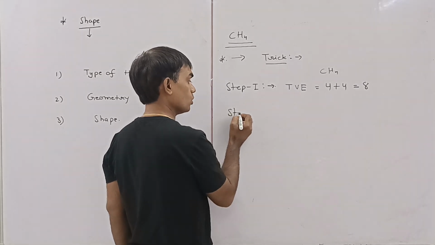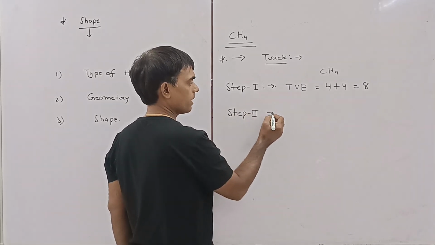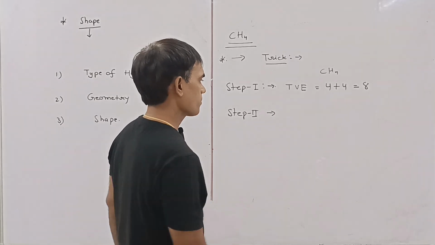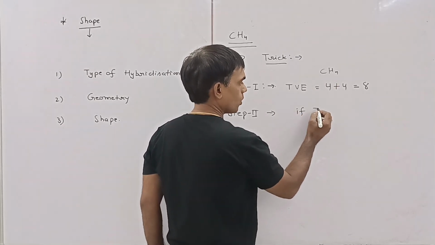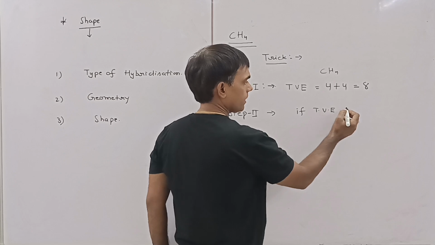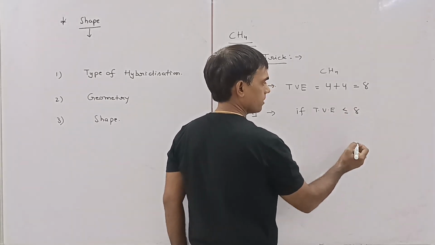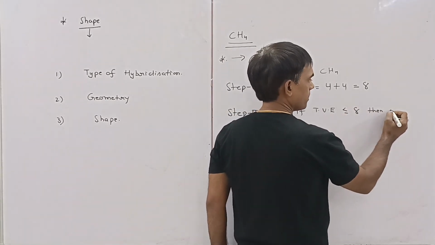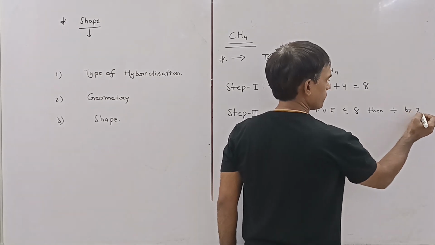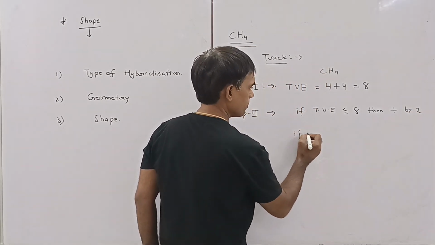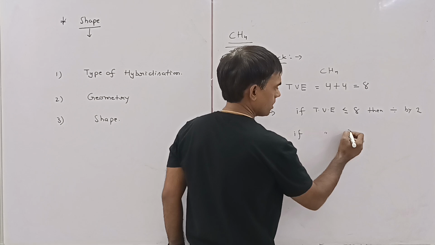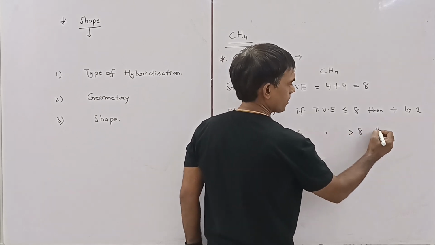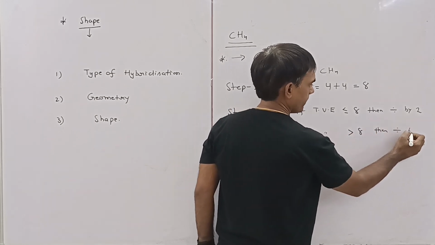Now in step 2, what do we have to carry out? If the total number of valence electrons is less than or equal to 8, then divide by 2. And if the total number of valence electrons is greater than 8, then divide by 8.